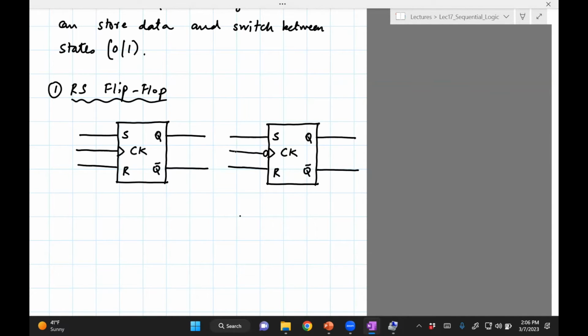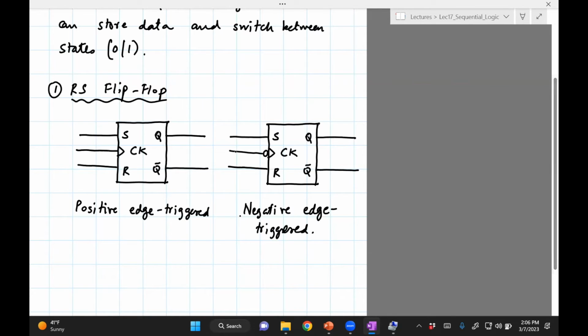Well, the one on the left is what I would call a positive edge triggered flip-flop, and then the right one is negative edge triggered flip-flop. So clearly that hollow circle on the right indicates that that's the clock.